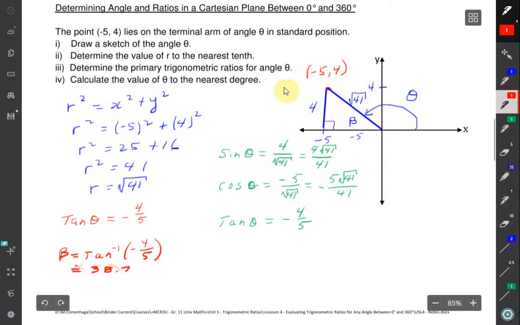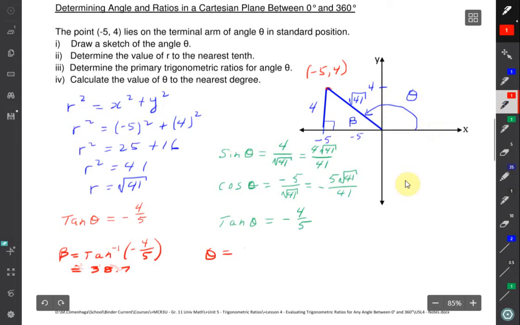Now in this case, we know it's this triangle. So in order to get theta, we need to take 180 degrees, which is this entire rotation from this positive x-axis to the negative x-axis, and subtract beta, and that will give us the leftover, which is theta.